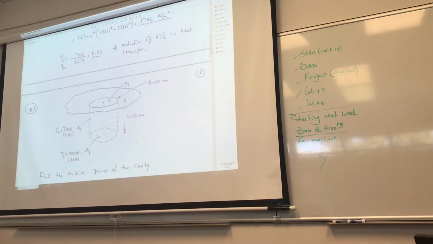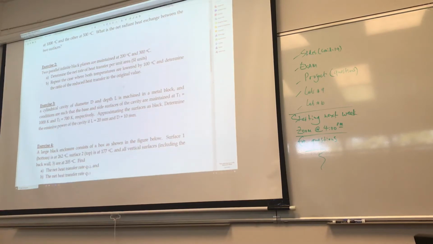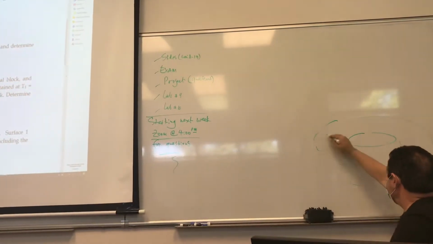All right. Now, problem number 3 was maybe a little confusing. Problem number 3 said you have a cylindrical cavity. It's a cavity, okay? So it's a hole. So this is kind of the outside, right?